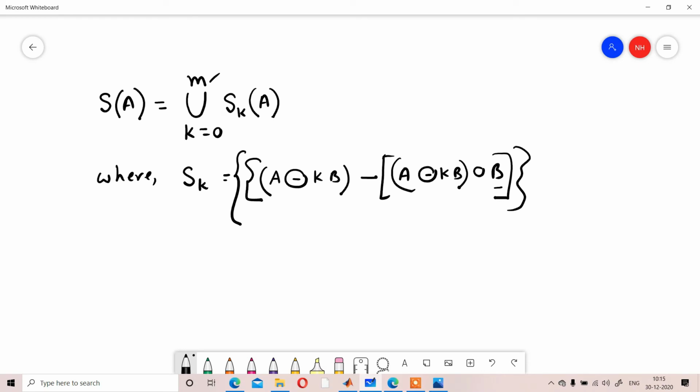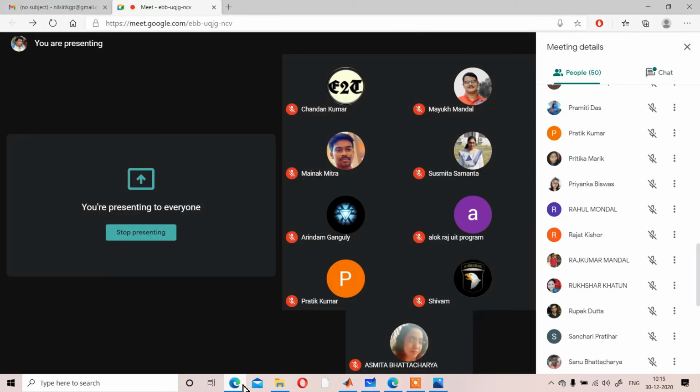Already I have told you that in skeletonization you are getting a single pixel line. That means the result must give you a single pixel line. So obviously erosion is happening. Keep in mind, whenever you get a single pixel line, if we do erosion over that single pixel line, what will happen?